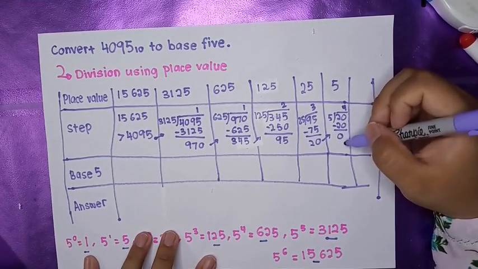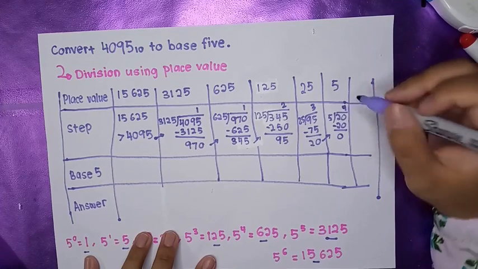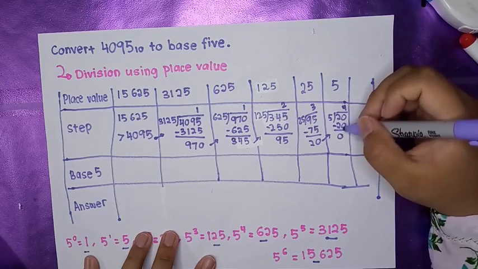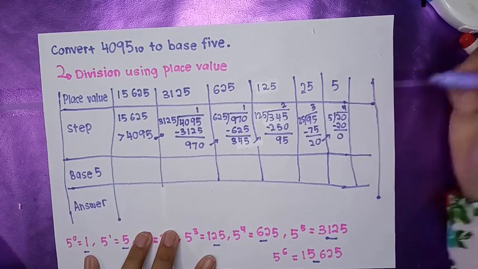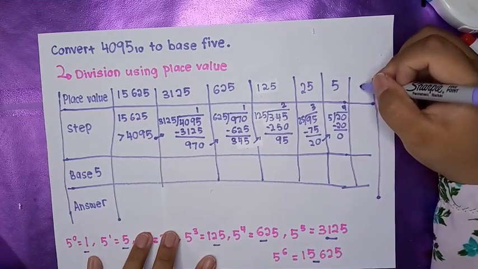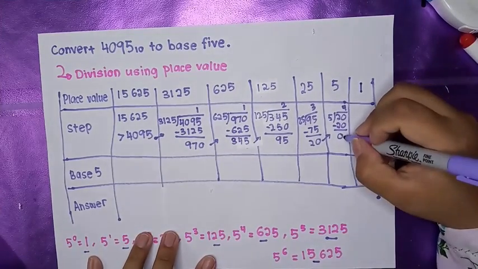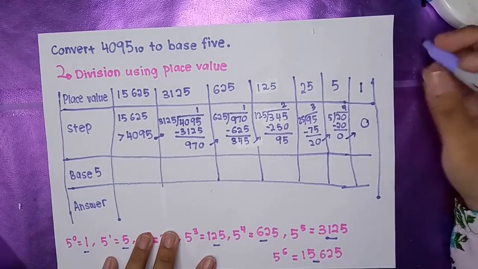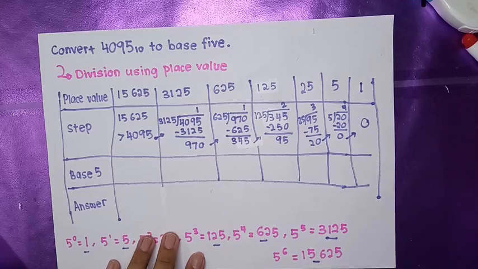We already get the 0. This is 4. 20 divided by 5, 5 times 4 equal to 20, and then 20 minus 20 is equal to 0. And for the last place value is 1. We put 1 here, and then 0 we bring to the next box. It was 0. From here we already got the answer.